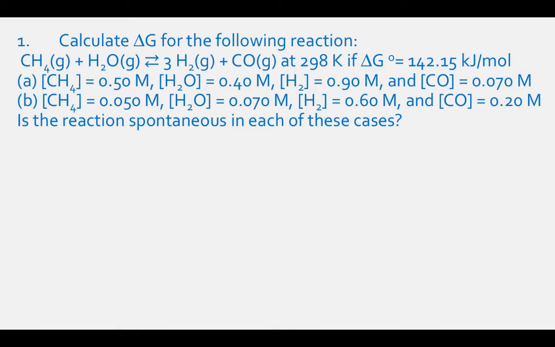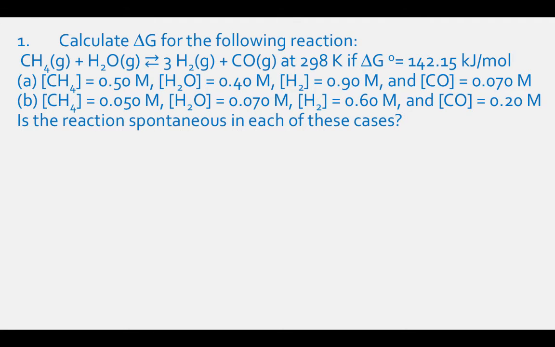Calculate delta G for the following reaction: CH4 gas plus H2O gas in equilibrium with 3H2 gas plus CO gas at 298 Kelvin if standard delta G equals 142.15 kilojoules per mole and A, the concentration of CH4 equals 0.50 molar, the concentration of H2O equals 0.40 molar, the concentration of H2 equals 0.90 molar, and the concentration of CO equals 0.070 molar, and B, the concentration of CH4 equals 0.050 molar, the concentration of H2O equals 0.070 molar, the concentration of H2 equals 0.60 molar, and the concentration of CO equals 0.20 molar. Is the reaction spontaneous in each of these cases?